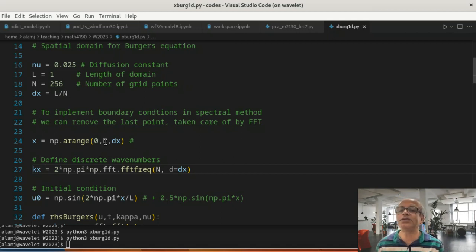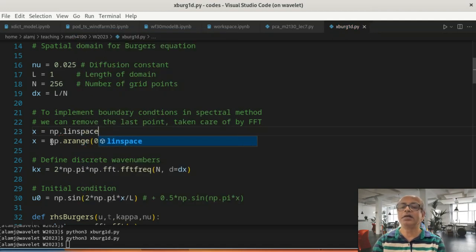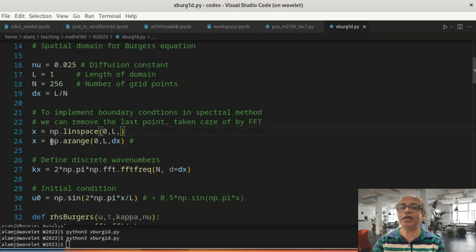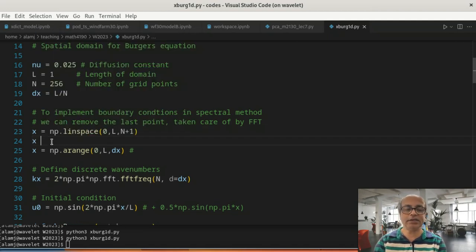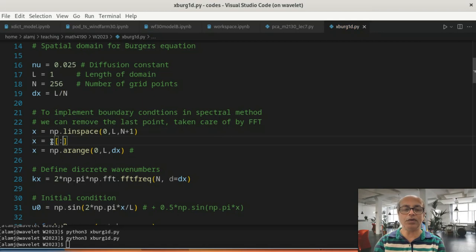Or maybe we can use the x equals linspace command, linspace 0 to L, and maybe the number of points I can say n plus 1, for example. So I will use one extra point, and then I will say x equals x[:-1], so I will remove the last point.